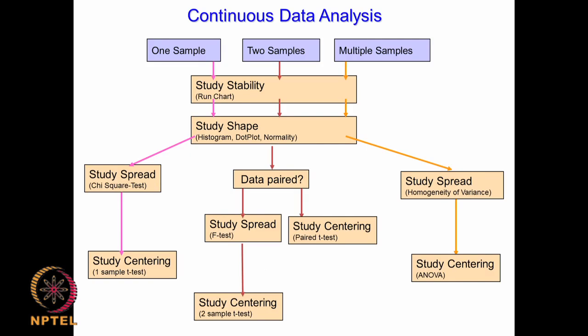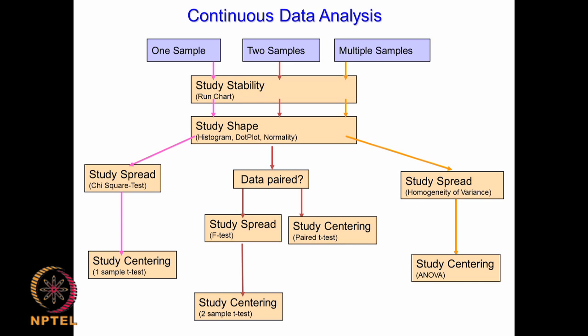As you know, we have continuous data and alternatively we have discrete data. For discrete data we use equations like binomial or Poisson and so on. When we have continuous data, there are many situations. We can have one sample, that means I know the population details, I take a small sample and compare with the population. For example, I know the 12th standard average from a particular school is 95%.